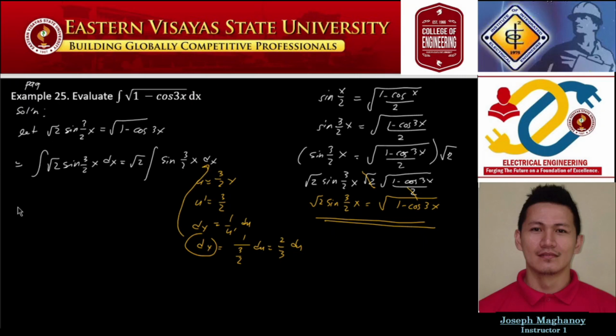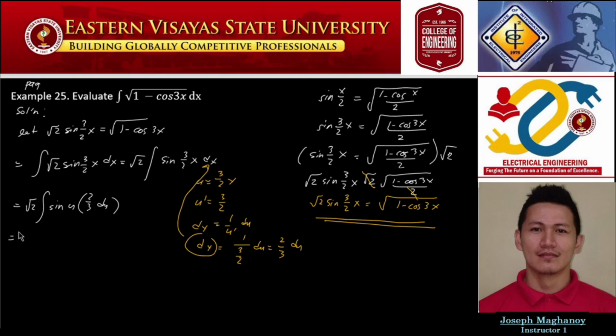Okay. So square root of 2, integral of sine. We replace 3 over 2x with our u, then our dx is 2/3 du. Okay. So we apply property number 2.